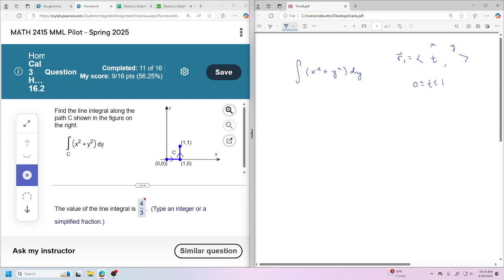What would be my y value for all this? 0 all the time. It never changes. And so then we can find our r prime. So derivative of t is just 1. Derivative of 0. Good thinking.